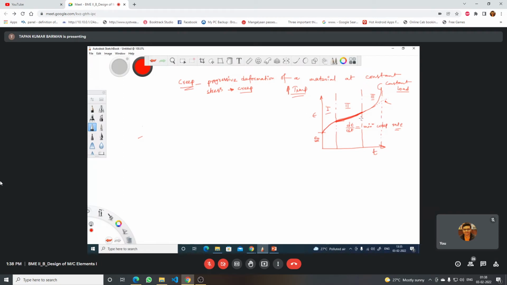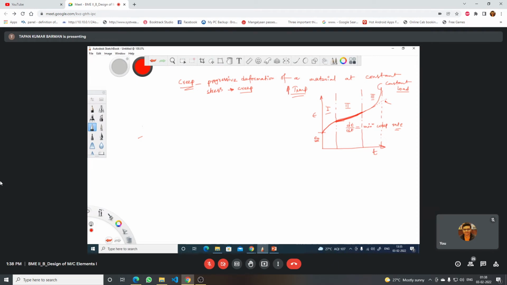So in our discussion, when we discuss the material design under creep, at that point, we will discuss all the things and we will try to make the design of the component. Right now, what is creep? What are the regions there?